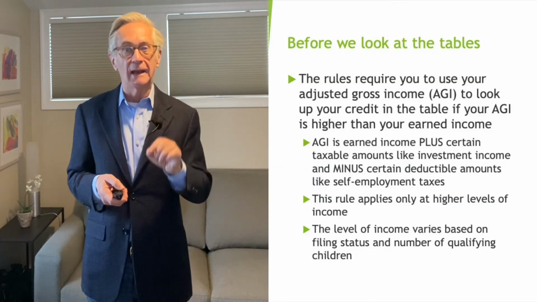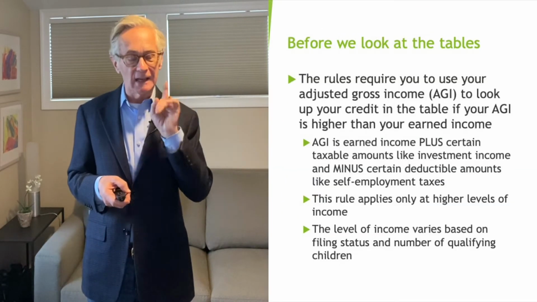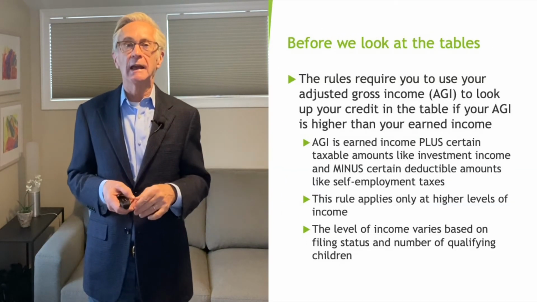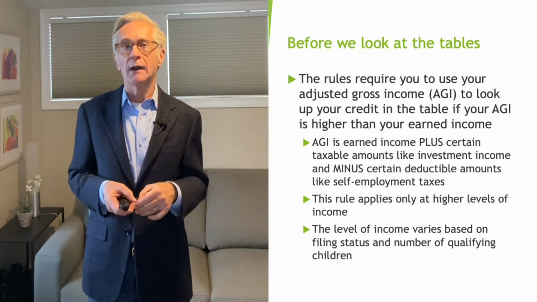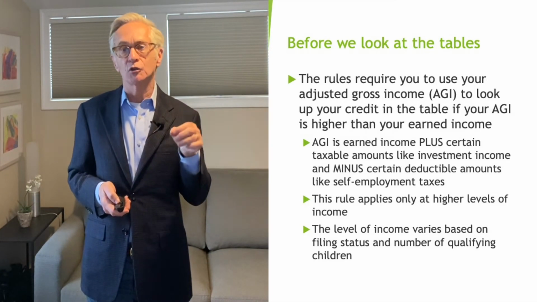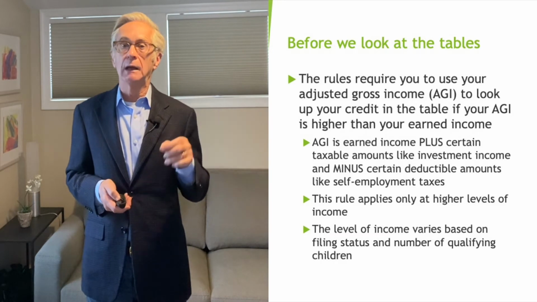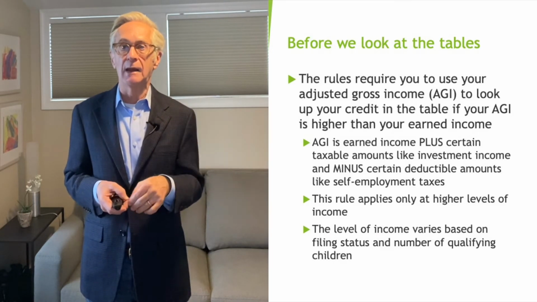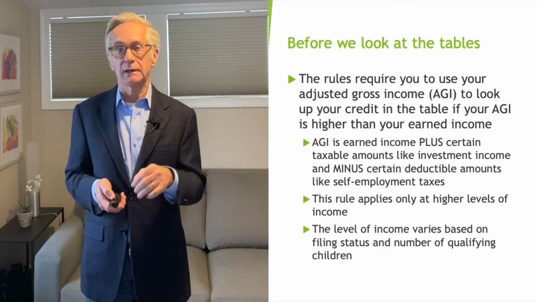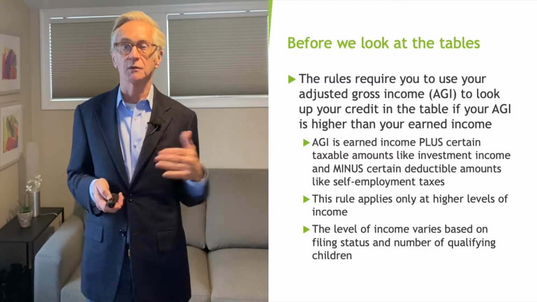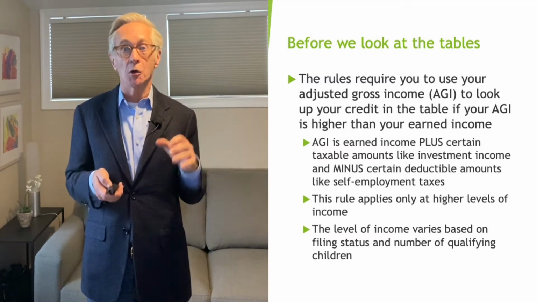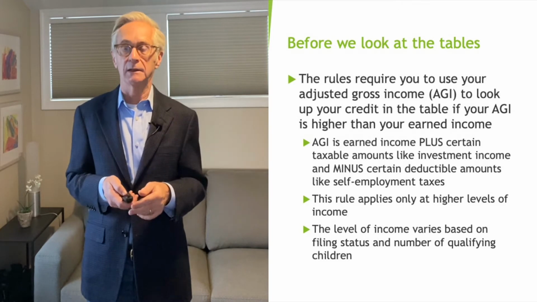One more thing I need to tell you, I promise this is the last thing before we look at the tables, is that the rules require you to use what's called your adjusted gross income to look up your credit in the table if your adjusted gross income is higher than your earned income. So typically you use your earned income to look up the credit amount in the table.